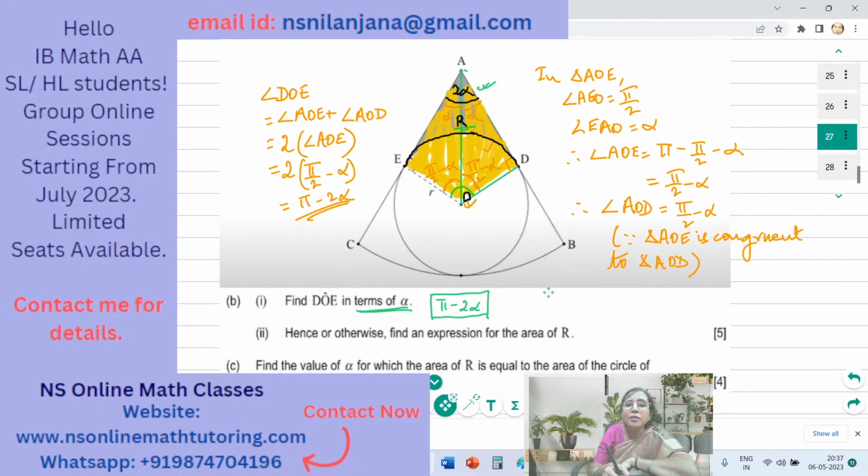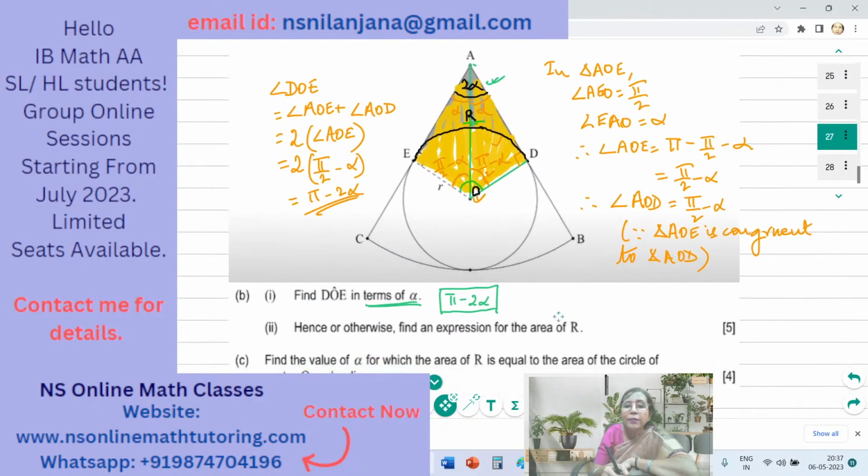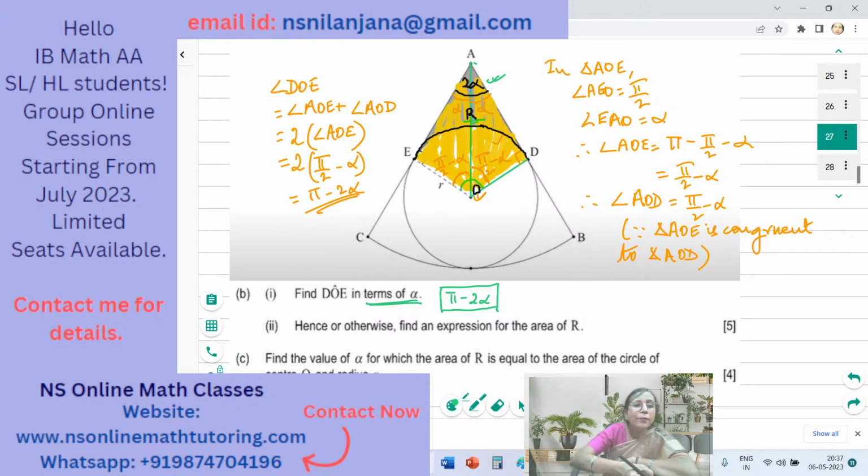From this area of the quadrilateral, if we subtract this area, this is the area of this sector. If we subtract this area from the area of the quadrilateral, we get the area R, the shaded region.